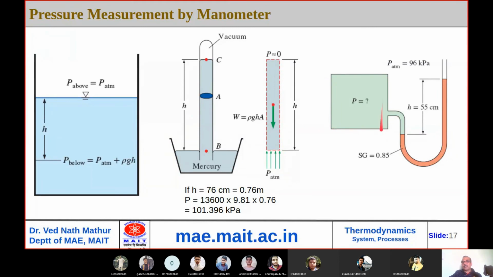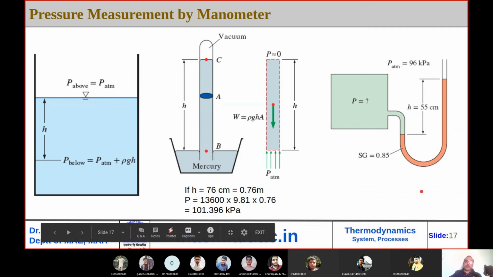Again, this is pressure in relation to the atmospheric pressure, because at this point atmospheric pressure is acting. So rho gh should not be used for the purpose of calculation. What you should have done is calculate rho gh, convert it into kilopascal, and add atmospheric pressure to this. That will give you the absolute pressure, and that value of pressure is to be used for the purpose of calculation.